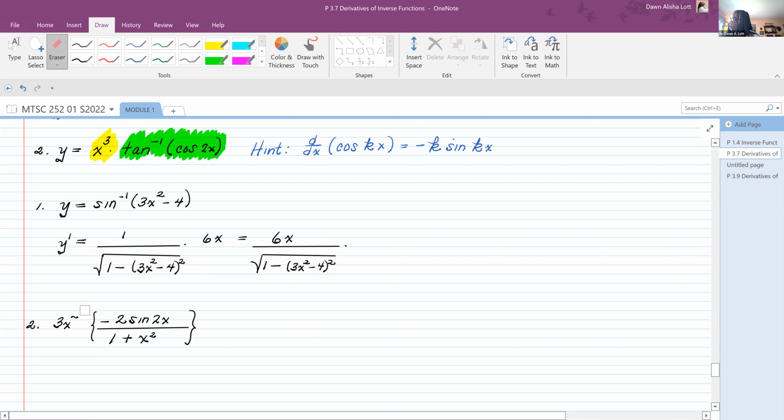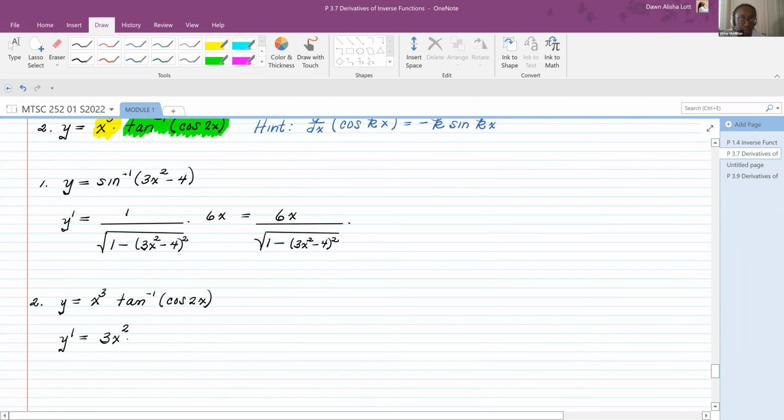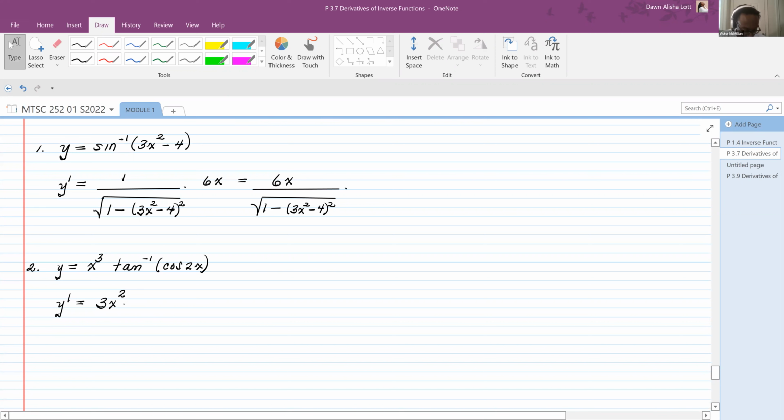Okay, so y is equal to x cubed times the tan inverse of the cosine of 2x. So y prime, you did the derivative of the first, and then what comes next? I took the derivative of inverse tangent, which was 1 over. Okay, so it's the derivative of the first times the second as it is.